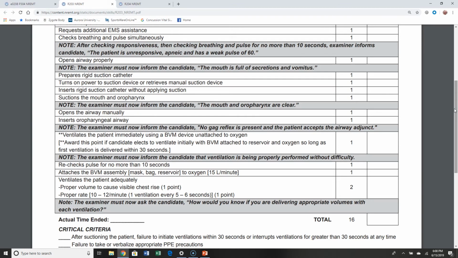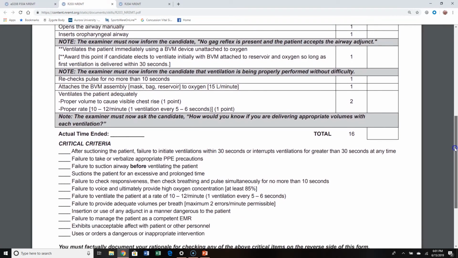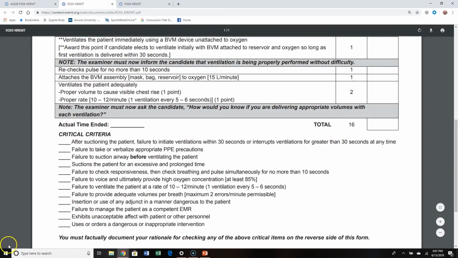As we said, nice easy squeeze, get that chest to rise, ventilating every 5 seconds without an advanced airway in an adult, and every 6 to 8 seconds with an advanced airway. Continuing to scroll through here, just a few ideas of things that we really need to be avoiding, and as we said, more than 30 seconds of interruption is not going to be good for this patient for positive neurological outcomes.